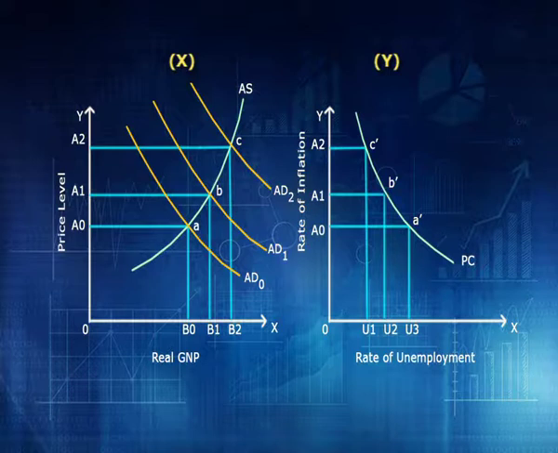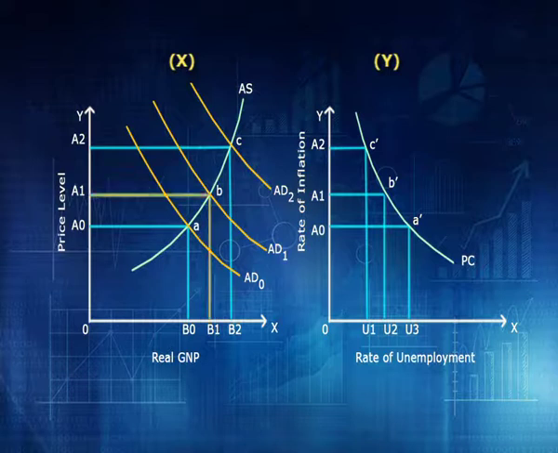Now, when the price level increases from A0 to A1 in figure X following the increase in aggregate demand, greater than the rate of rise in the price level of the previous period, a lower rate of unemployment U2 is obtained, with a still higher rate of inflation, say A2.